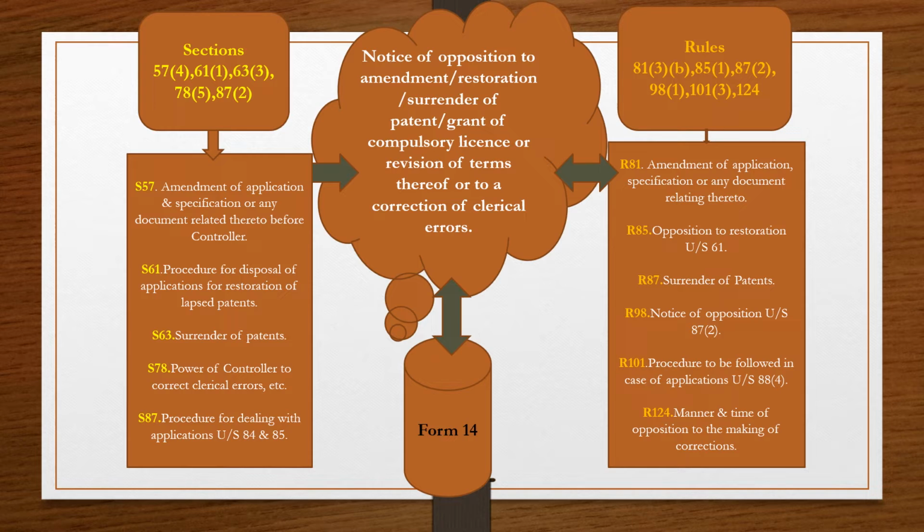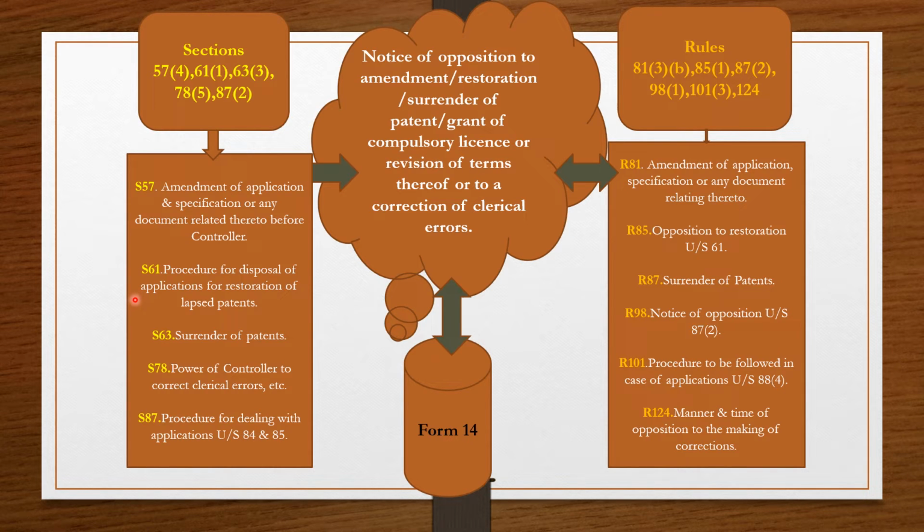The related sections are 57, 61, 63, 78 and 87, and the related rules are 81, 85, 87, 98, 101 and 124. Let us briefly describe the related sections. Section 57 says amendment of application and specification or any document related thereto before the controller.